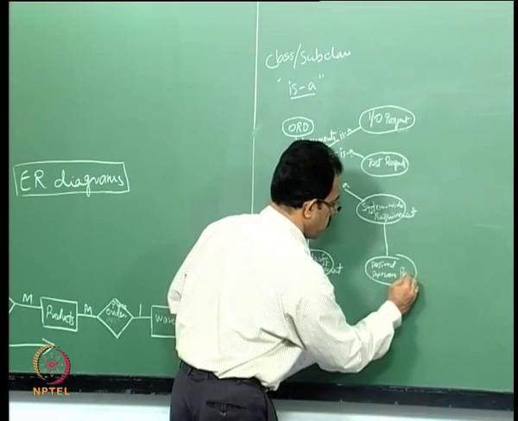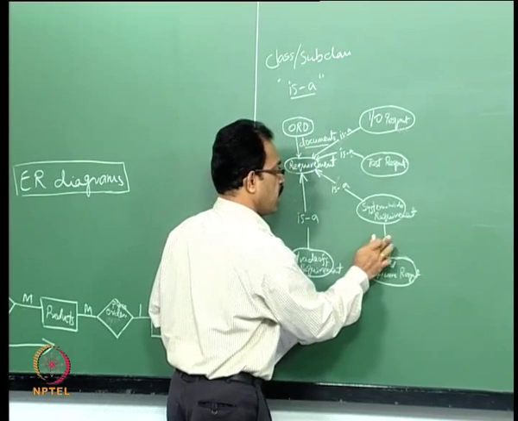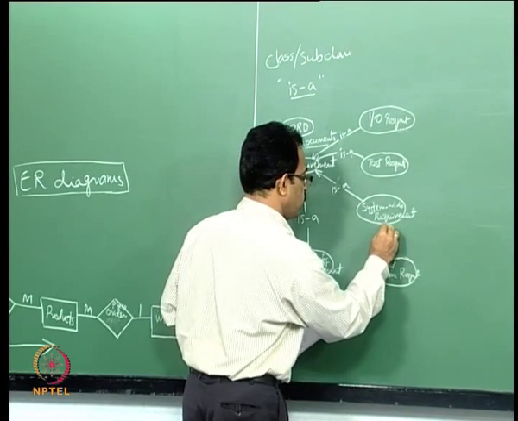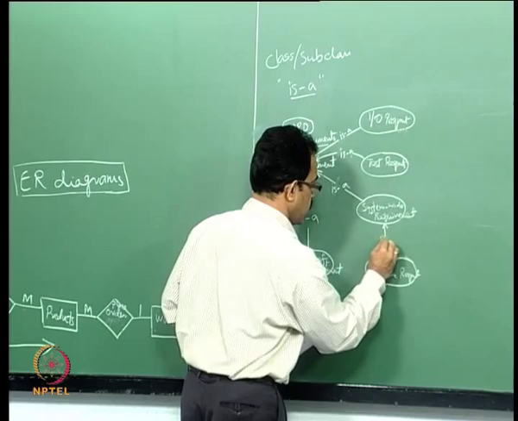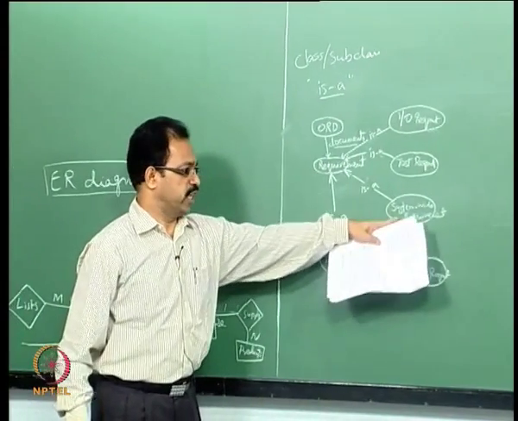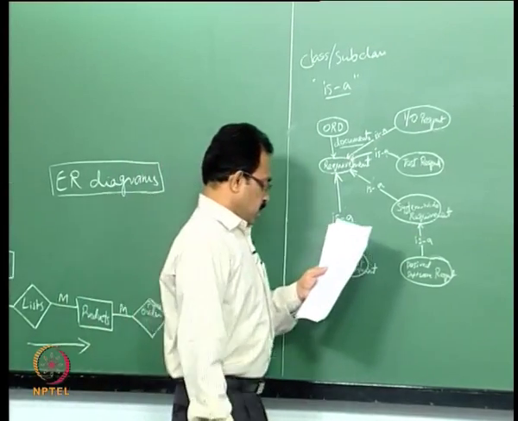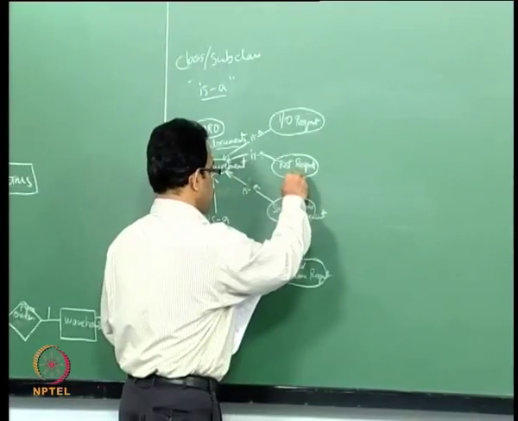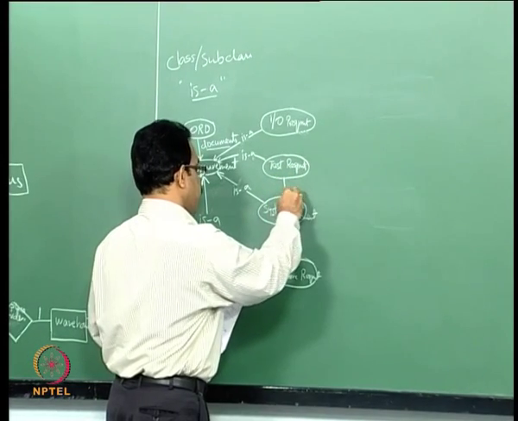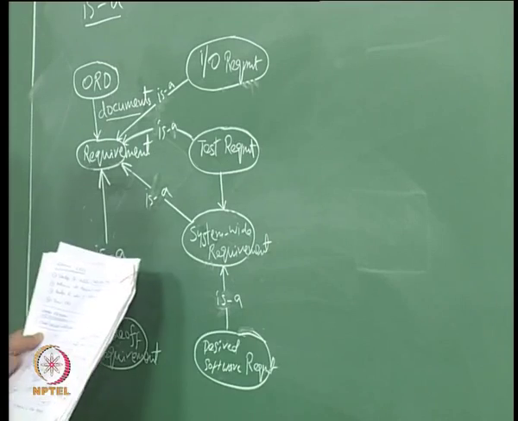So, the desired software requirement will be another requirement, but then again it is a part of system wide requirement. So, we can write it as the desired software requirement is a system wide requirement, it is a subclass of the system wide requirement. Now, again you can identify another relationship here between the test requirement and the system wide requirement.